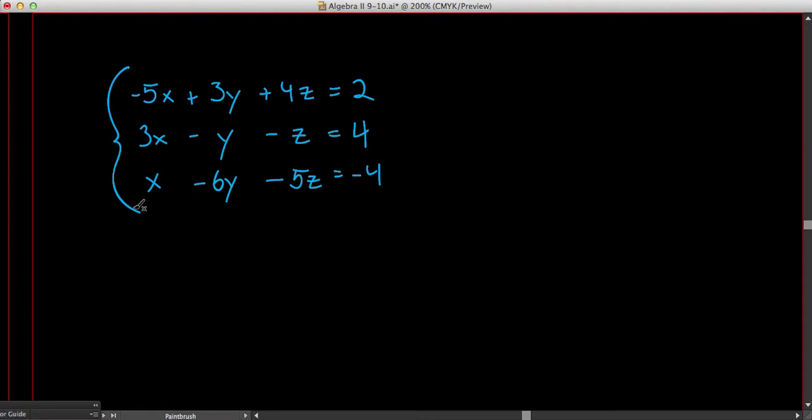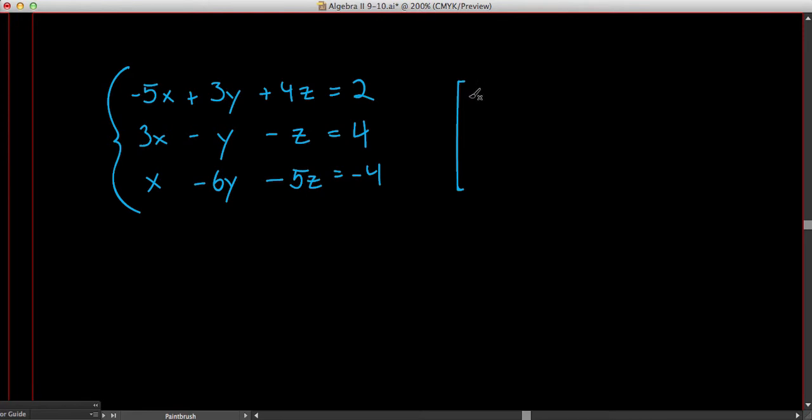and so solving using a matrix, we can take this system of equations and rewrite it in matrix form by looking at the coefficients of all of the variables. To do that, we first create a matrix using a bracket and the coefficients.